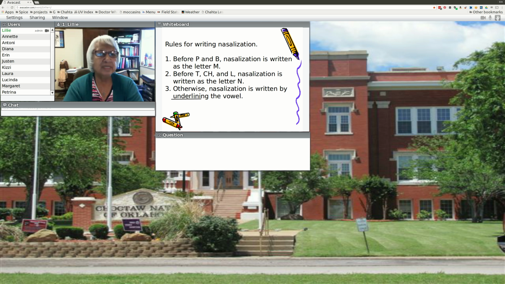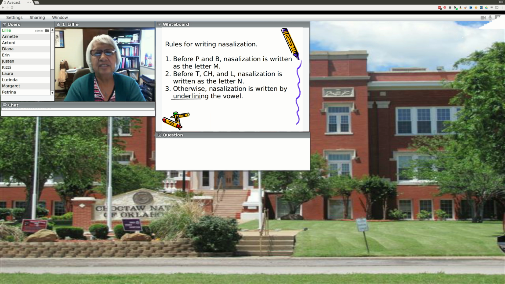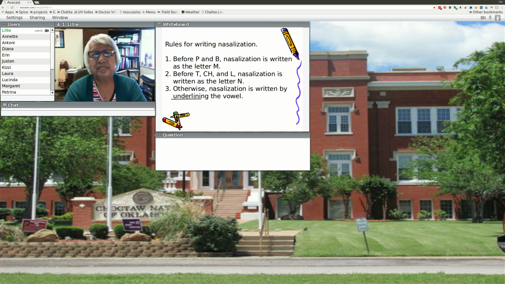Again, before P and B, nasalization is written as the letter M. Before T, CH, and L, nasalization is written as the letter N. Otherwise, nasalization is written by underlining the vowel. And we'll be looking at words that have each one of these rules that apply to it. I'm going to clear the screen.